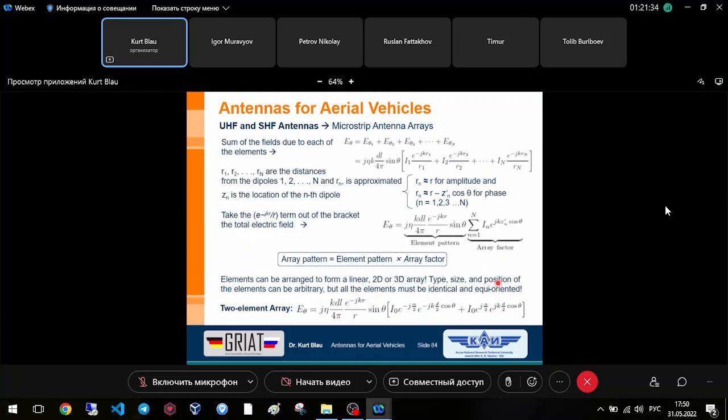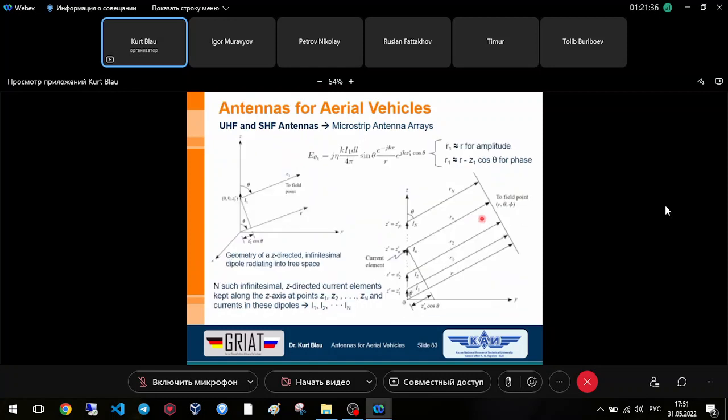And we can see here how to calculate the behavior at a field point in a very large distance, meaning at distance r and under the angle theta and the angle phi. We notice the angle theta for elevation, and phi is the other direction.